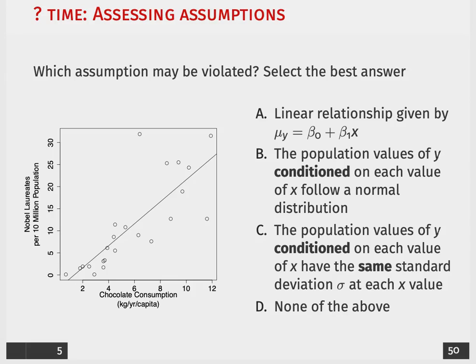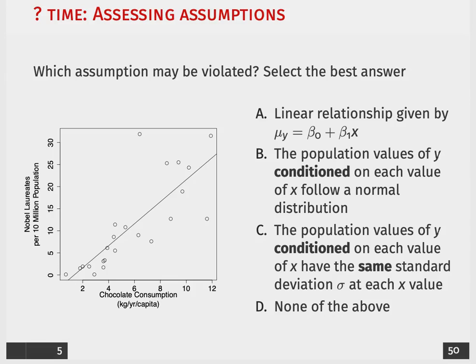Let's start off with the first one, and it does seem like the linear relationship is going through the conditional means for each value of x. It's a little difficult to tell, but it's unlikely that assumption is violated. Now, it's also difficult to tell whether or not they follow a normal distribution.